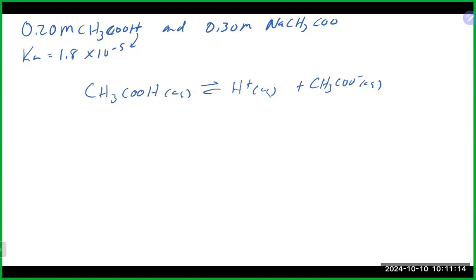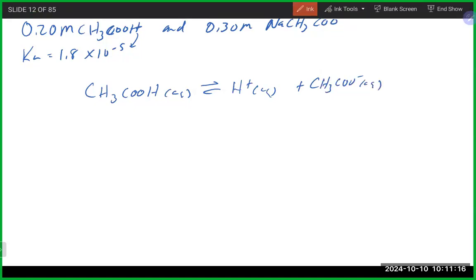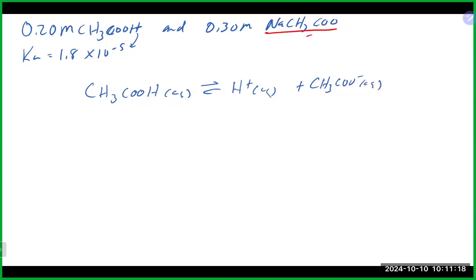Now we also have this salt here, which is our sodium acetate. That again is a strong electrolyte, which will not set up an equilibrium. That again, when it goes for a swim, is just gonna break apart into ions here. So we'll get some sodium ions and we will get some acetate ions, right?